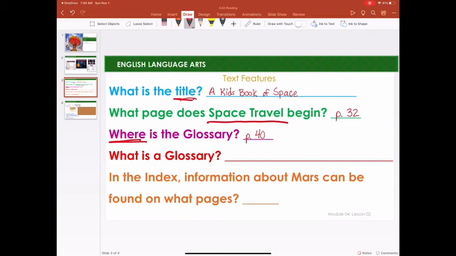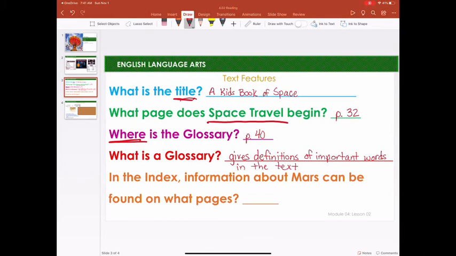Yes, a glossary gives definitions of important words in the text. And it's a little smaller than a dictionary.